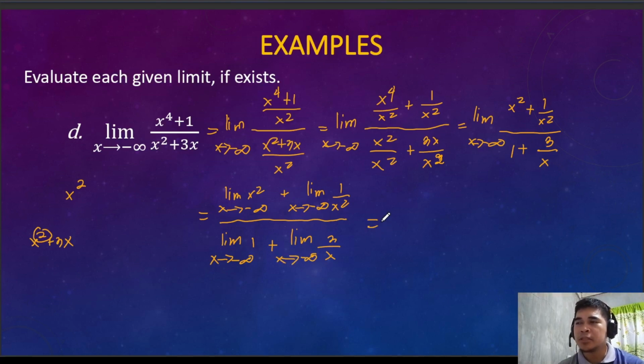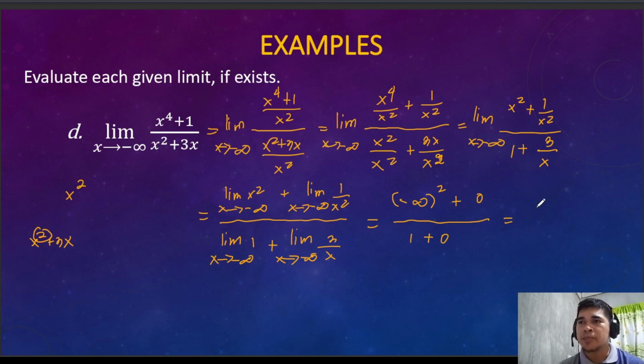Now, what is the limit of x squared? The limit of x squared is, right? It depends on a. So we have negative infinity, right? So it is negative infinity, okay? Squared, plus the limit of 1 over x squared, that is 0. And then the limit of 1 is 1. The limit of 3 over x, that is 0 also.